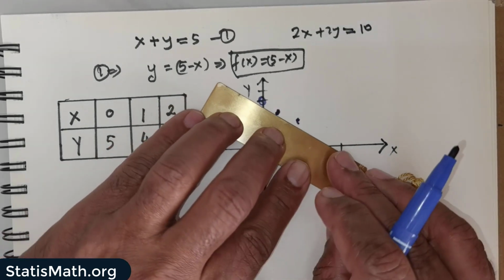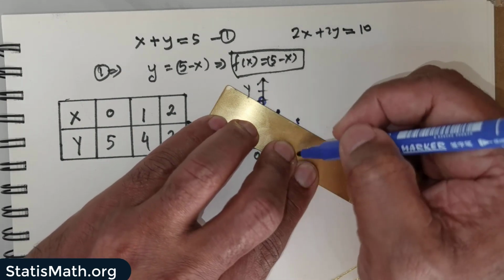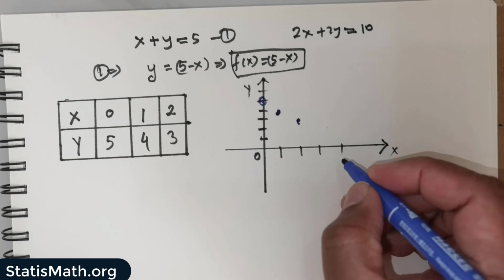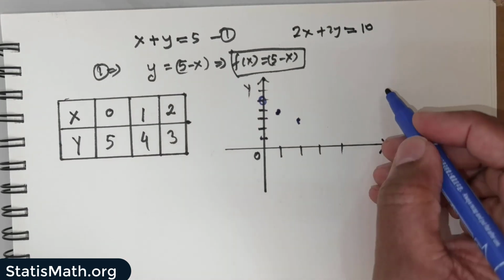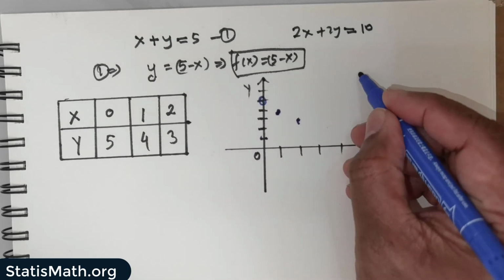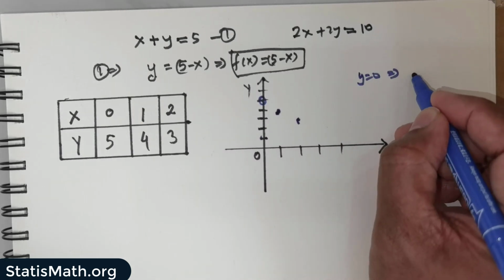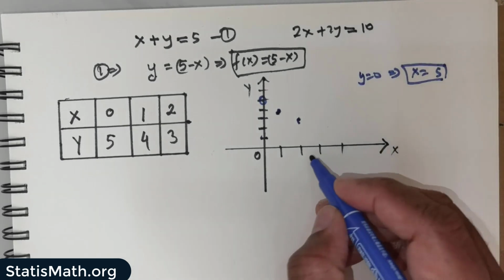Since we don't have a graph sheet, we will have to adjust and draw the points. If I want to know where the intersection takes place on the x-axis, I need to take y equal to 0. This would mean x will be equal to 5.